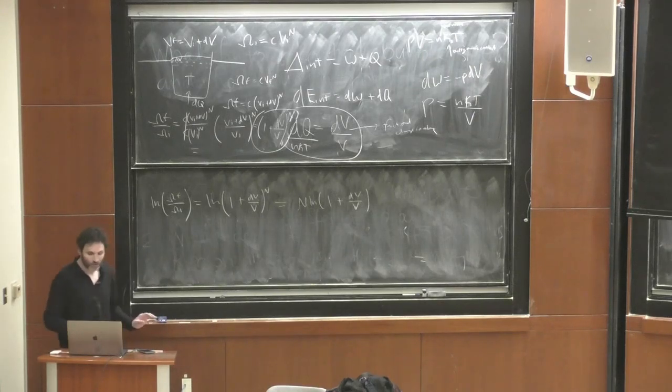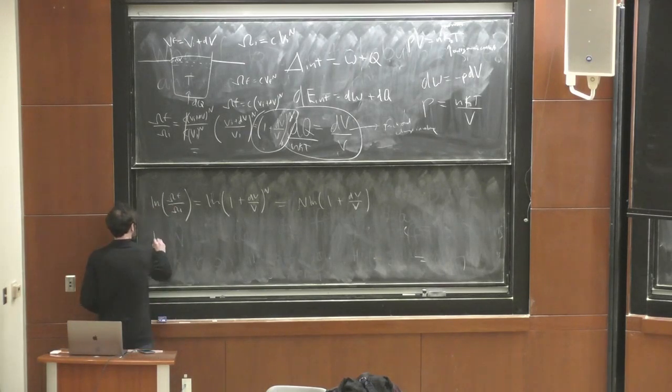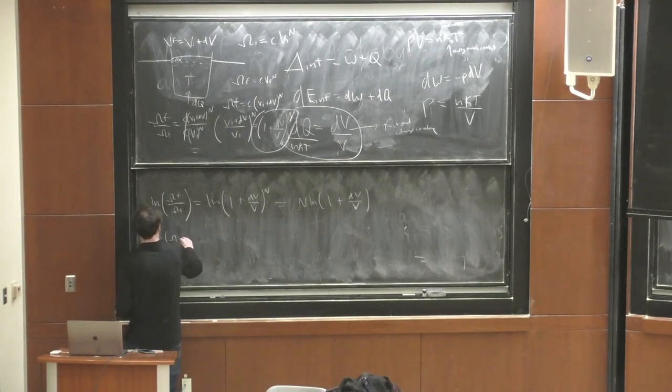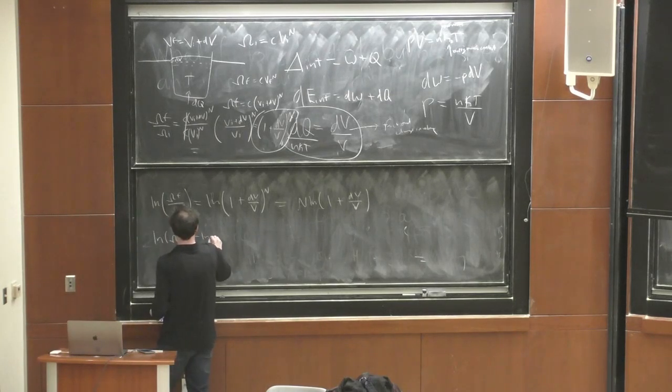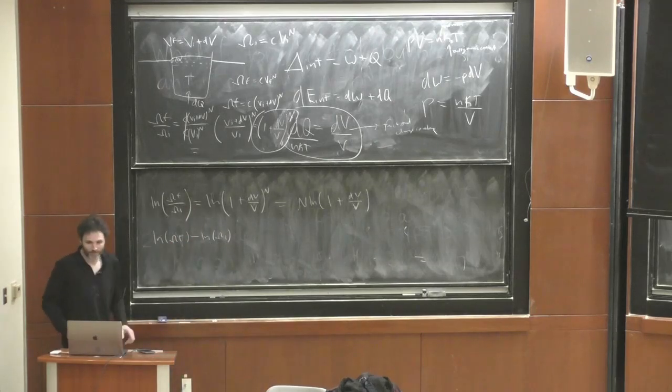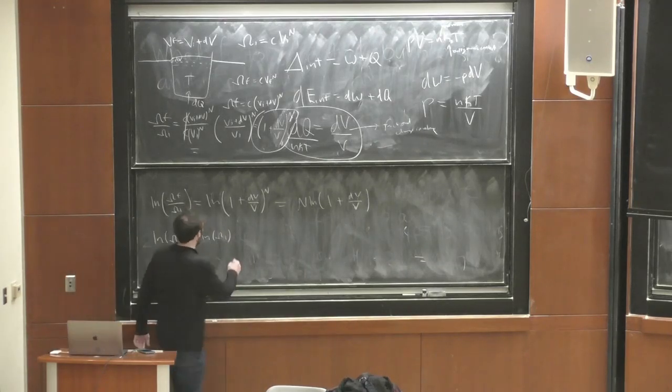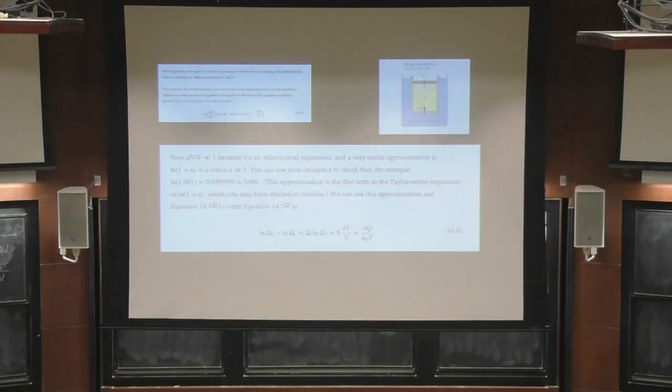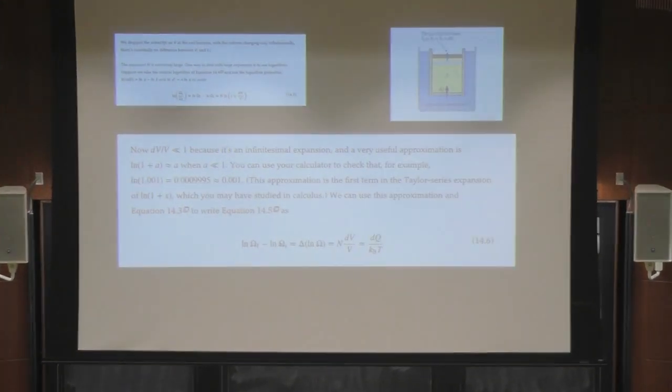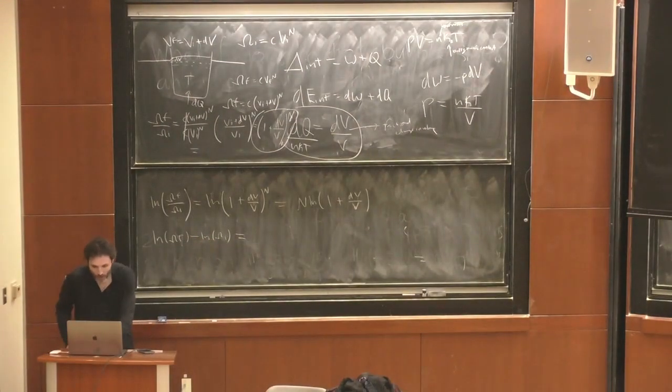So we have natural log of omega final minus natural log of omega initial, which is another way to write this fraction. Natural log of omega final minus natural log of omega initial equals this by the rules of logarithm. And then that's going to be equal to this n ln(1 + dV over V). But now we have that little expansion where we got rid of the 1 from this rule up here.